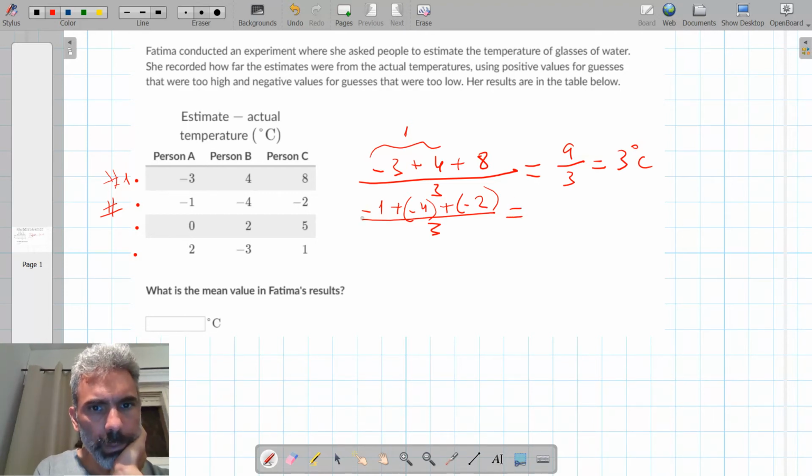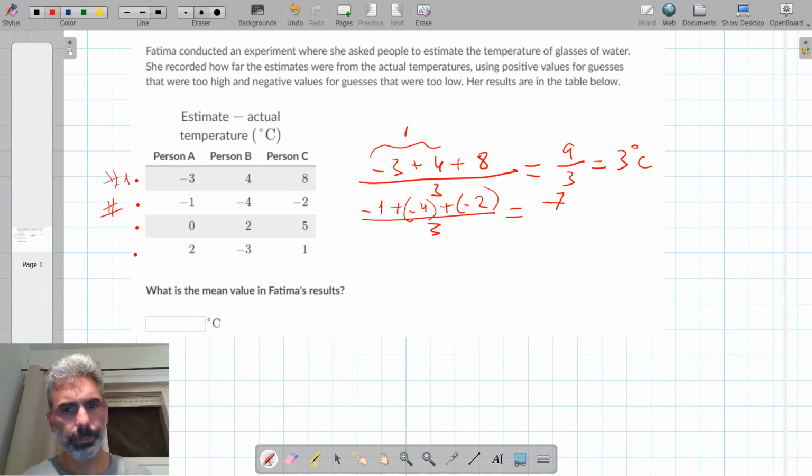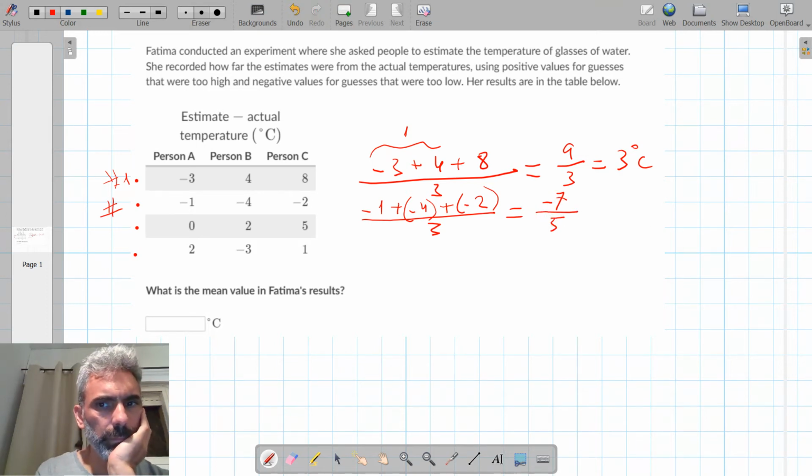So -1 -4 is -5, -5 and -2 is -7. -7 over 3 is -2 and 1/3. This is the mean for the second glass.